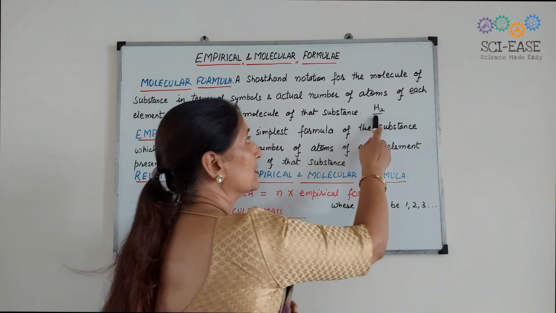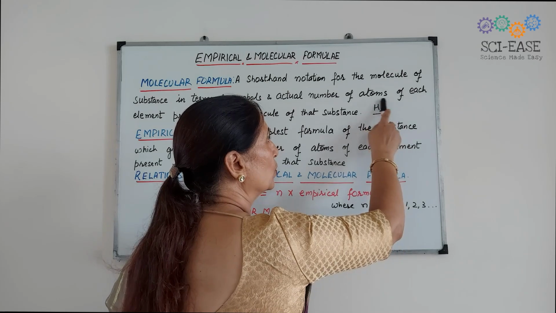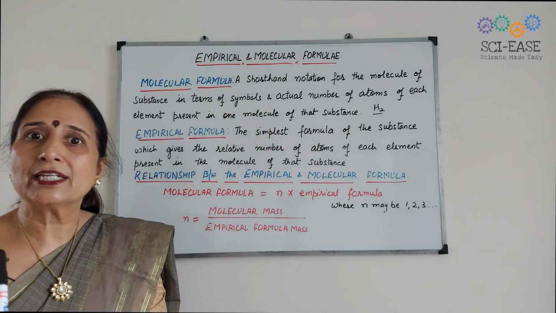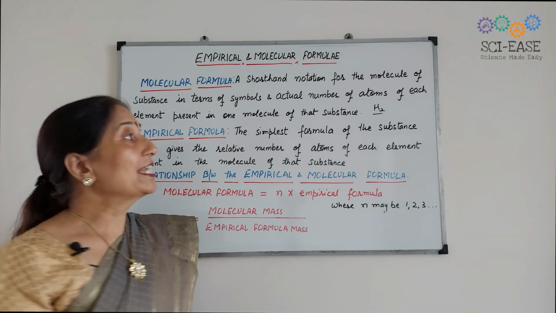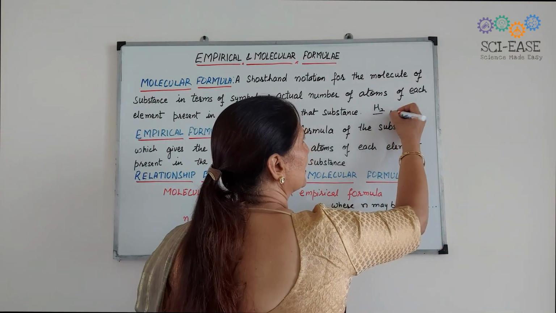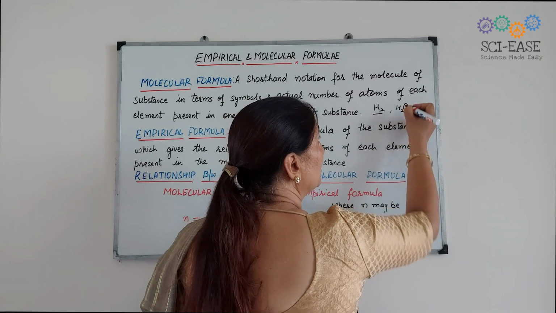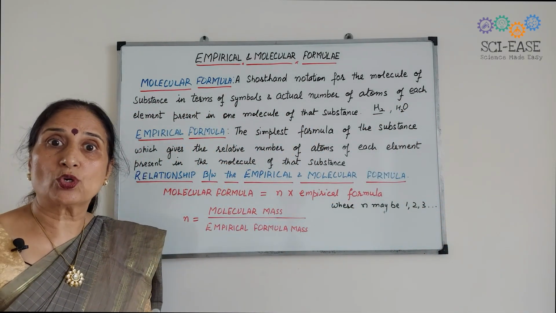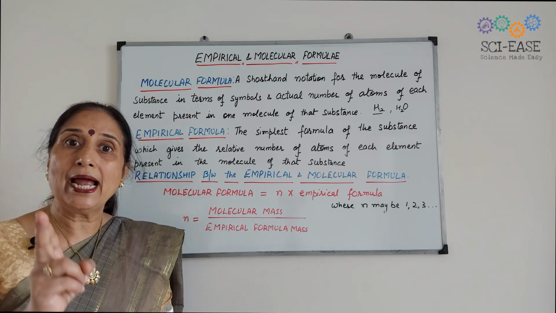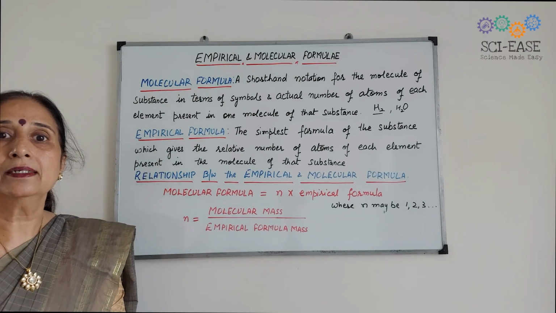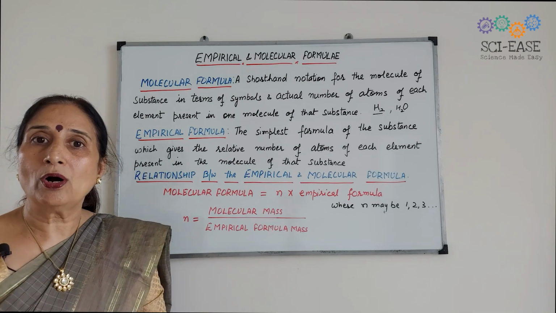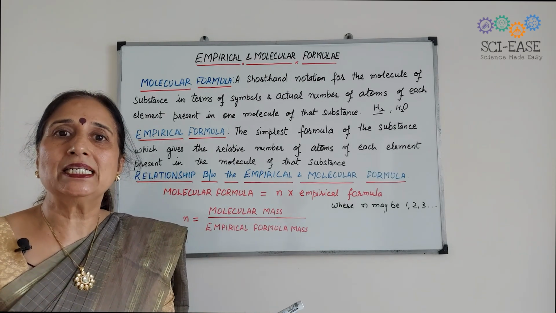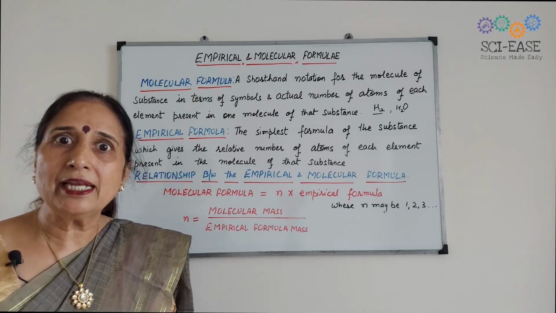So this chemical symbol H2 tells us that there is one molecule of H2. You can take the example of water. Here it will tell us that two atoms of hydrogen and one atom of oxygen are there in one molecule of water. If we write water, W-A-T-E-R, it will not give us any information.